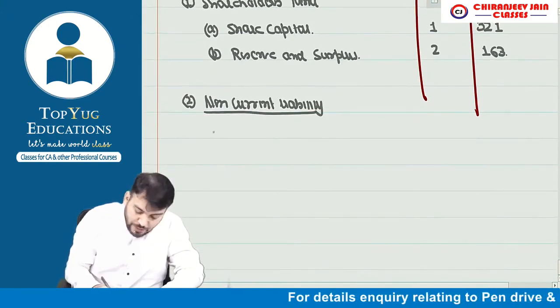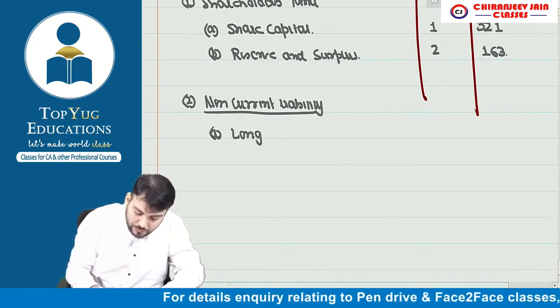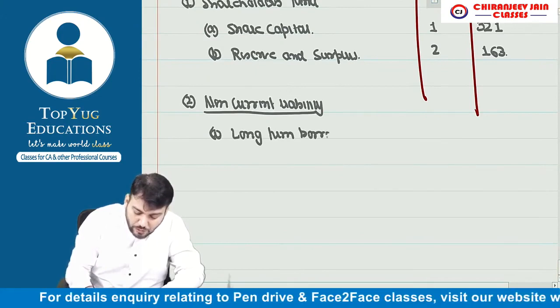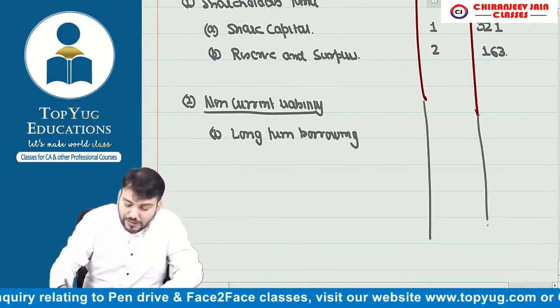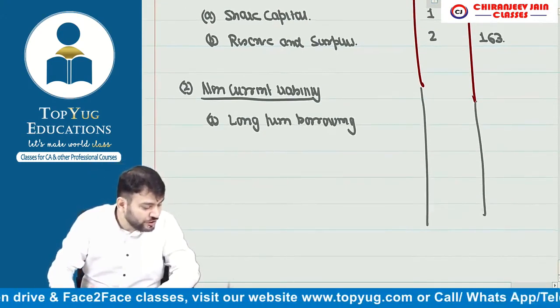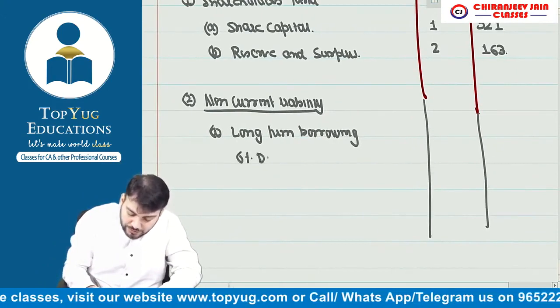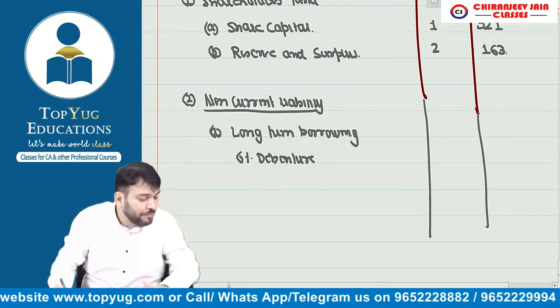In this point number A, we have long-term borrowing. In long-term borrowing there were 2 loans, but the directors' loan is finished. So now it will be only debentures. Debentures is how much? 6% debenture, and that will be only the balance debenture.